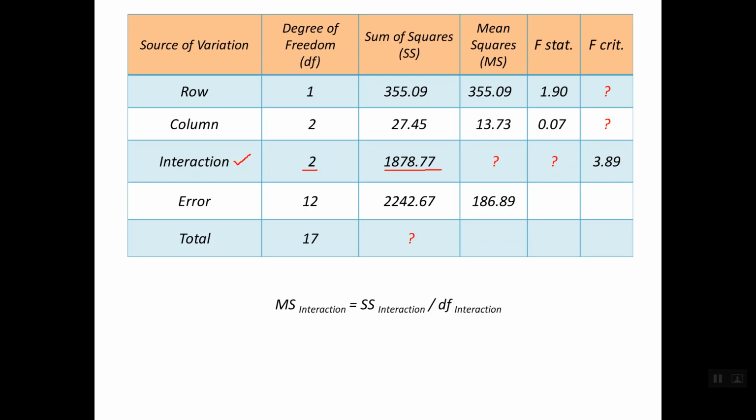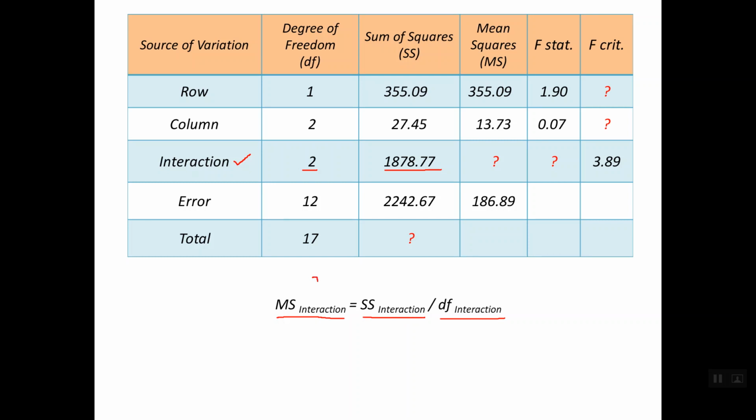So you know how to solve for the mean square for the interaction simply by dividing the SS of the interaction by the degree of freedom for the interaction.